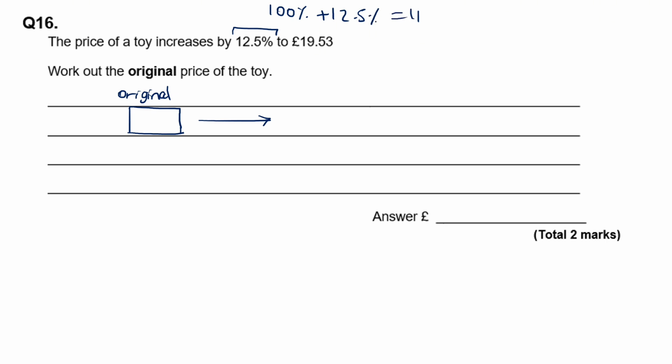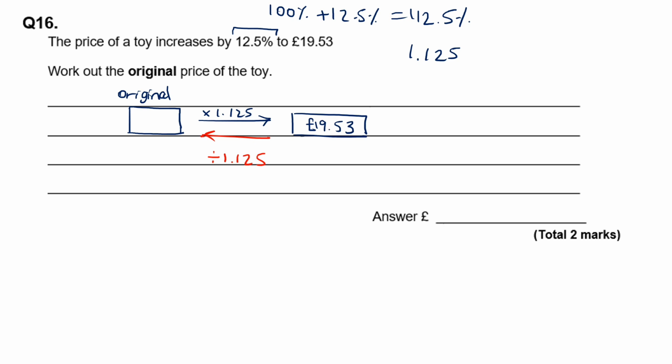That is 112.5%, which is divided by 100 to get the decimal. So that's going to be 1.125. So this original amount was multiplied with 1.125, and that gave us £19.53.